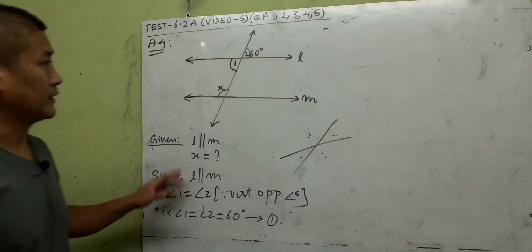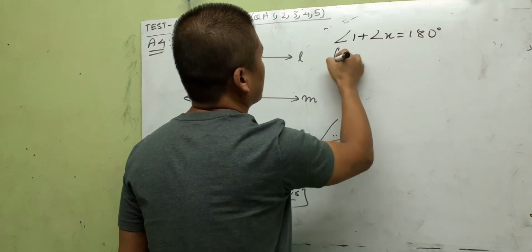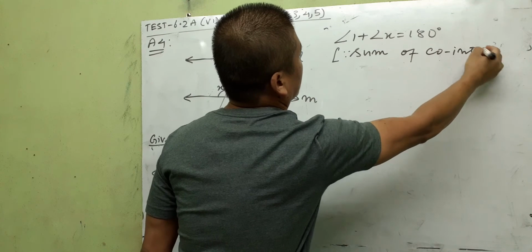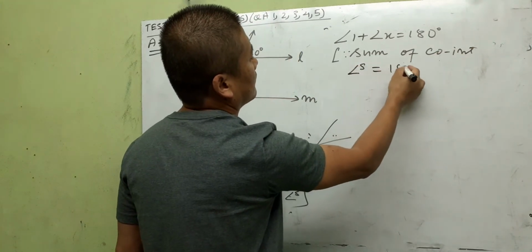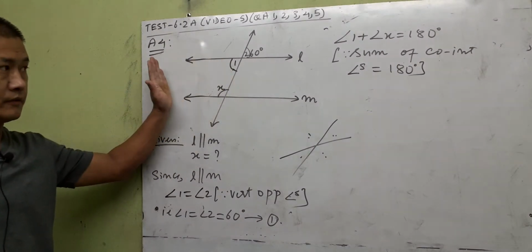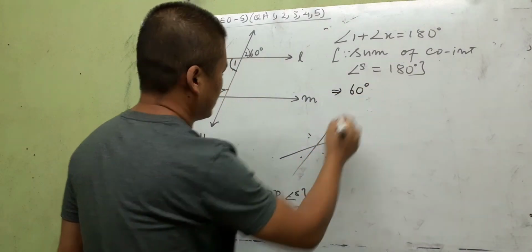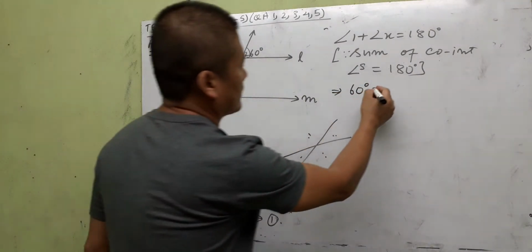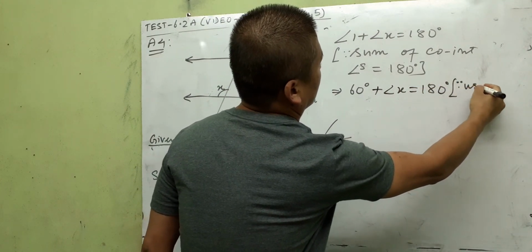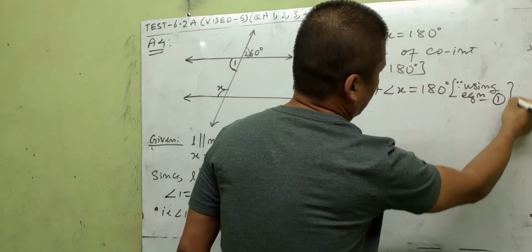So if you got 1, then you can just write here, angle 1 plus angle x will be 180 degree, because we know that when the lines are parallel, sum of co-interior angles are always equal to 180 degree. See here, two interior angles on the same side of transversal, co-interior angles. So that gives you here angle 1 is 60 degree, as you can see here, plus angle x is 180 degrees, using equation number 1.